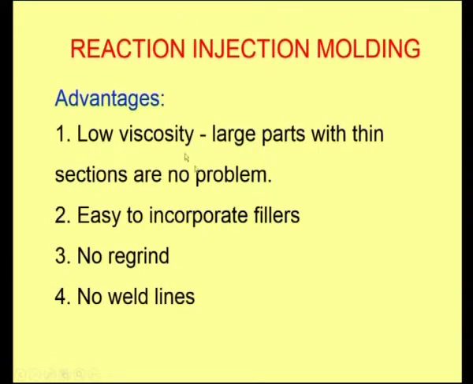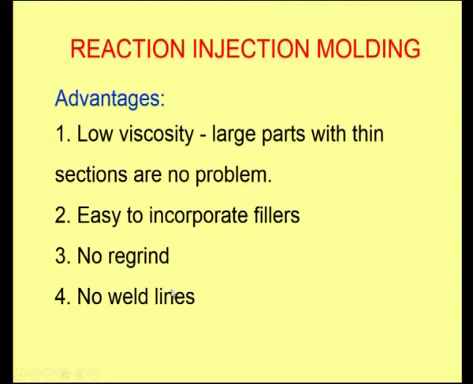Now, looking into the advantages, as we have seen, the low viscosity is the main advantage here. Therefore, large parts with thin sections would not be an issue in preparing such products, and incorporation of fillers is relatively easy compared to the conventional process, and no regrind is required, that is, no post finishing operations are required in a reaction injection molding process.